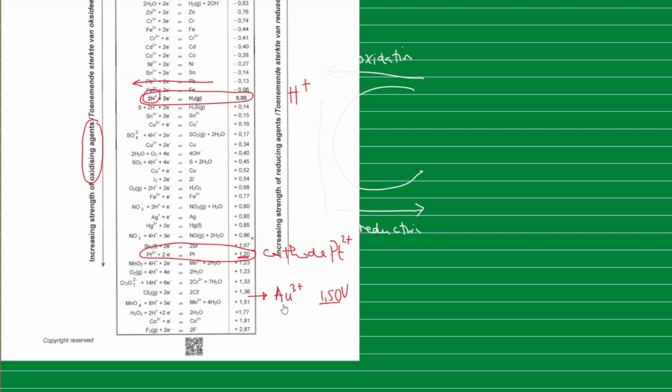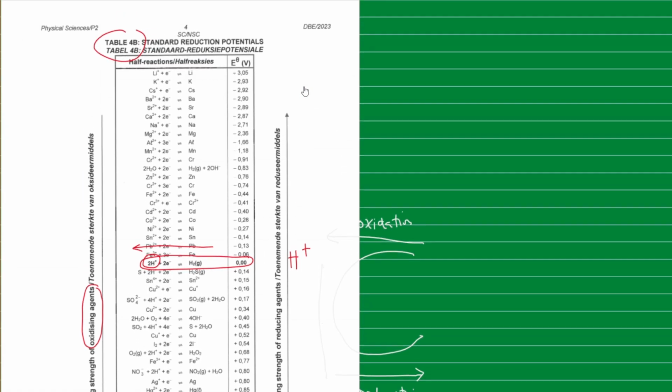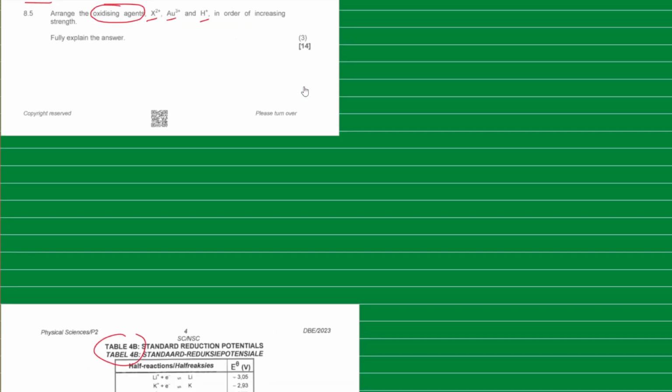So it means that the Au3 plus is actually higher than the oxidizing agent for platinum. Remember, our oxidizing agents, we'll find them on the left side. So the Au3 plus for gold would be stronger than that one for platinum, and platinum will be stronger than hydrogen.